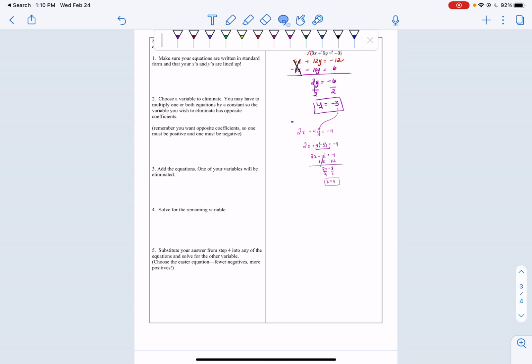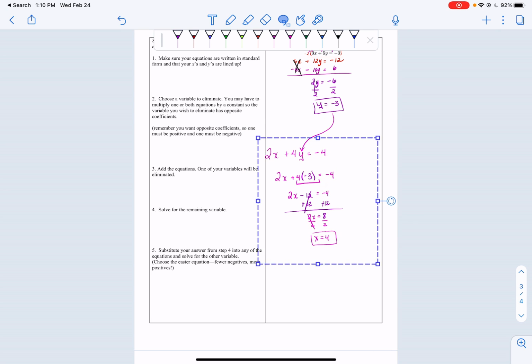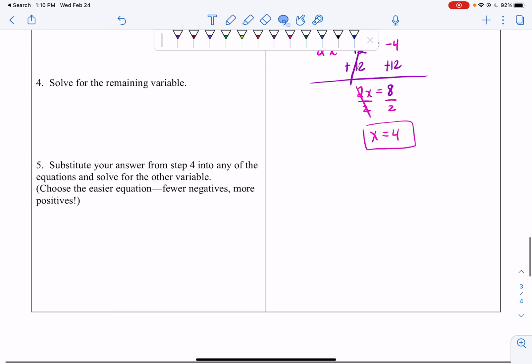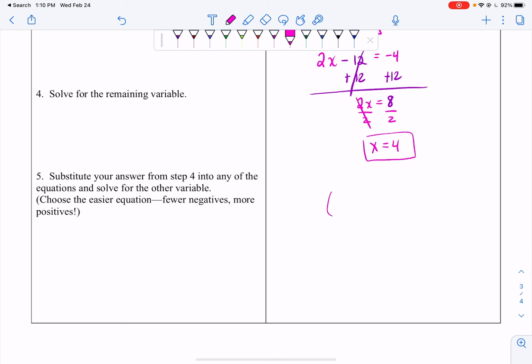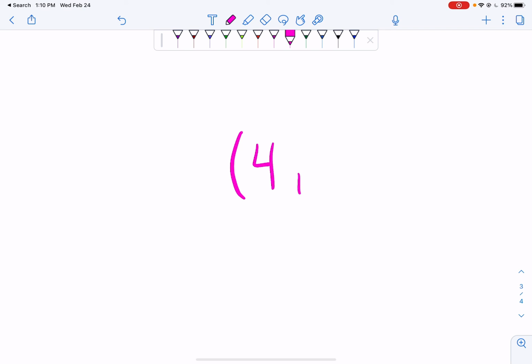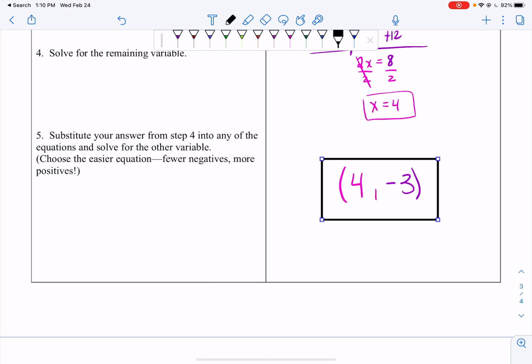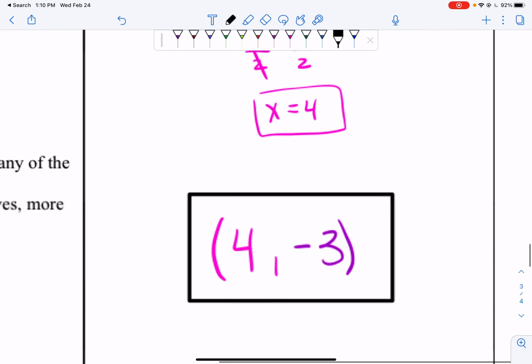So my final answer would be 4, negative 3. That's your final answer. And remember, it always goes x, comma, y.